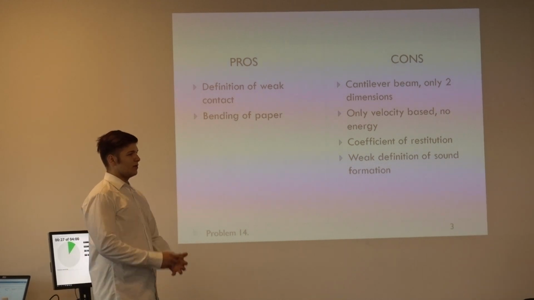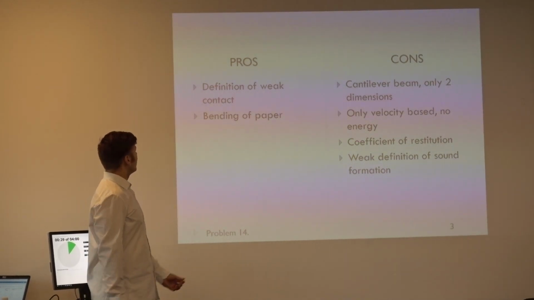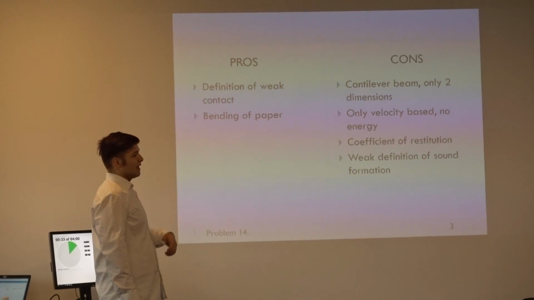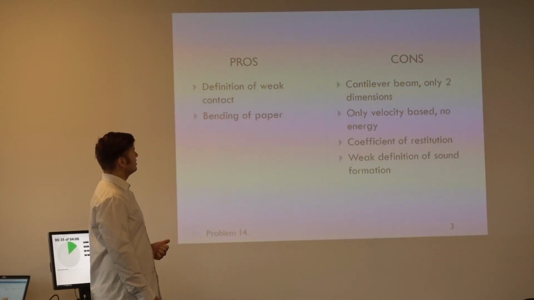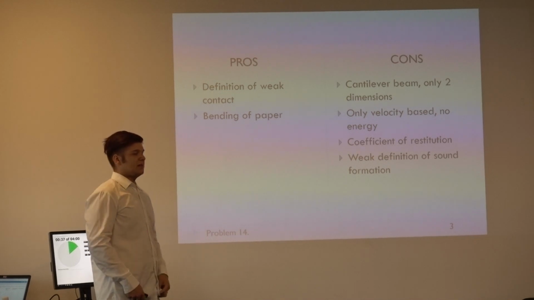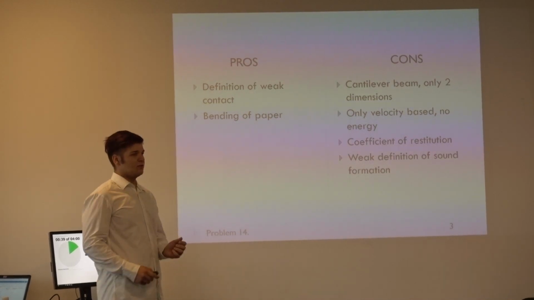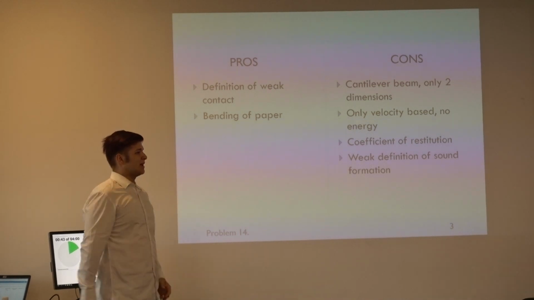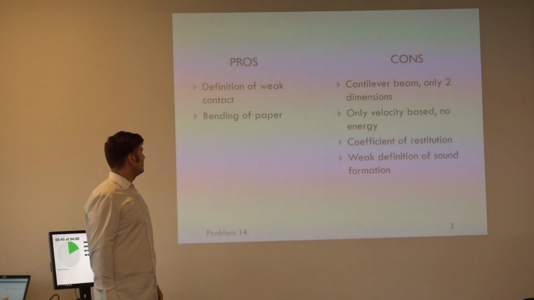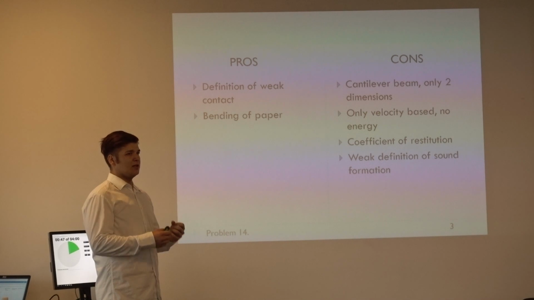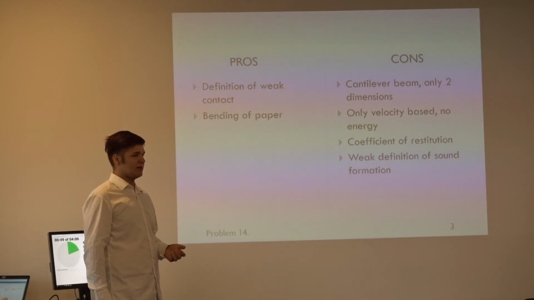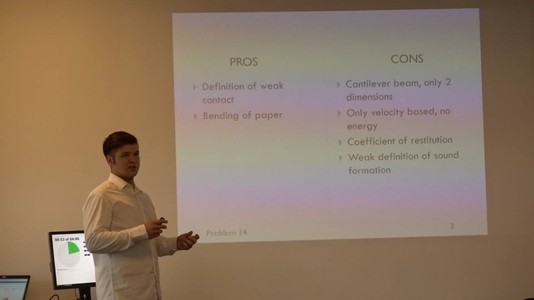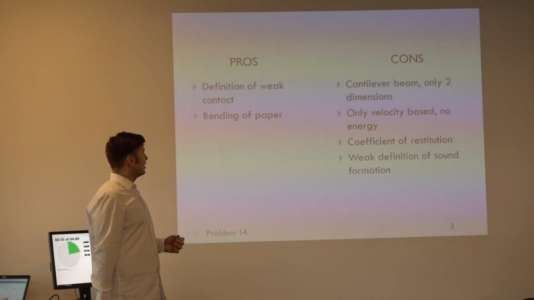Regarding the reporter's theory, the pros are the definition of weak contact, which is fairly good, and the consideration of bending of paper. But I believe they missed some points with using the cantilever beam, since paper is a sheet and it's much more complex than a simple beam. And in using a purely velocity-based system, from what I understood, with no real energy conservation from what I saw in the model.